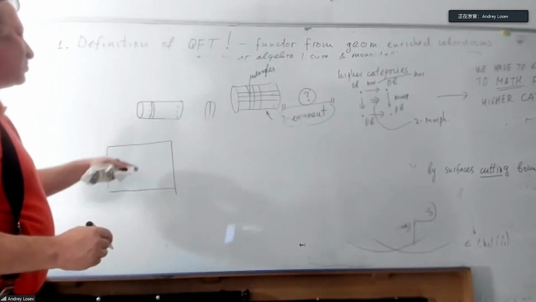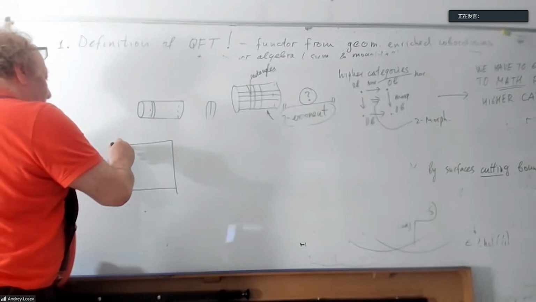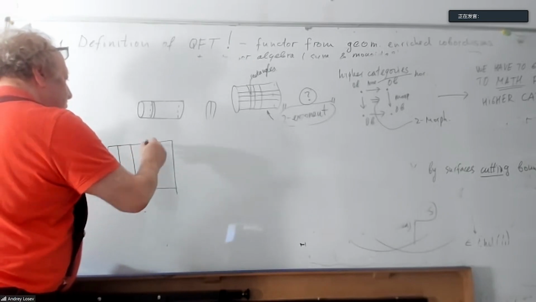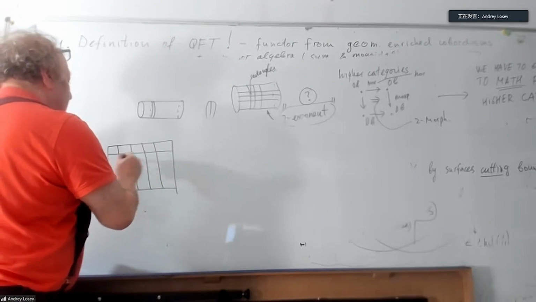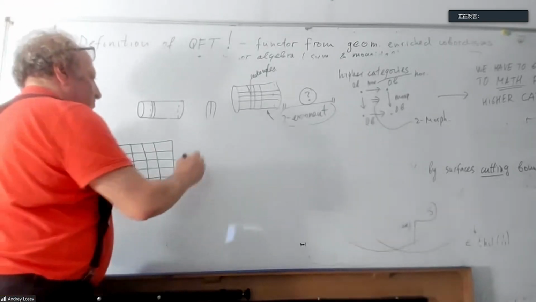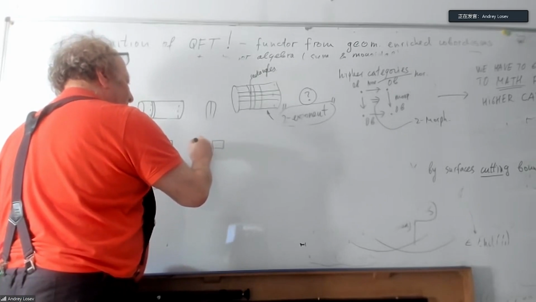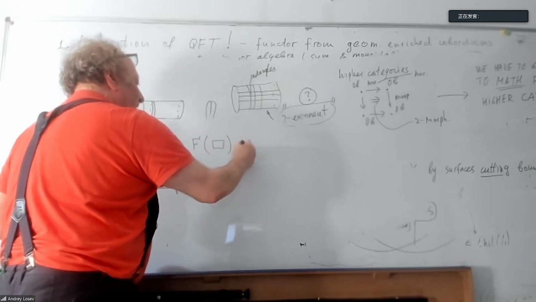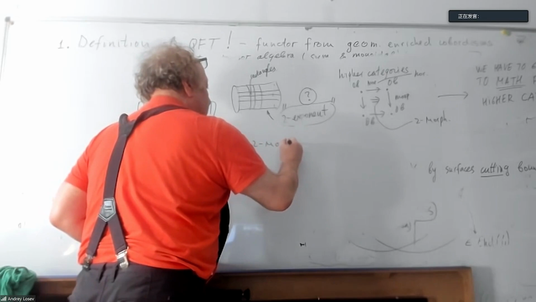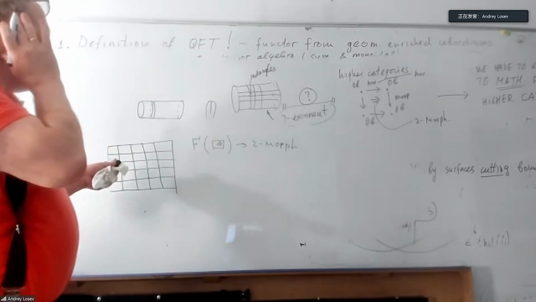Now my main object would be something like a rectangle. Now I'm cutting rectangle into small rectangles. And here I expect that there is a function. And this would be two morphisms. Okay?